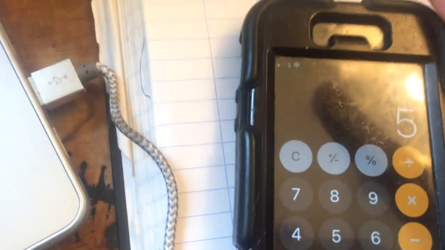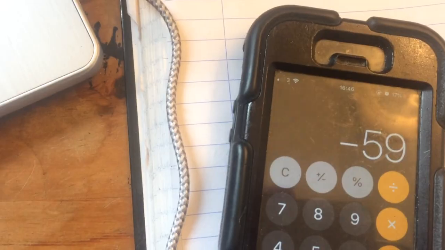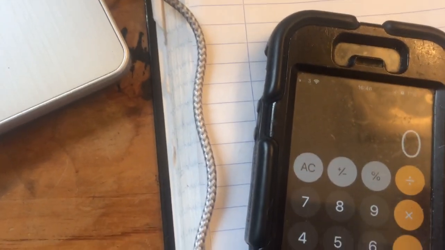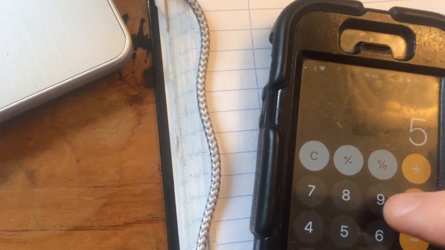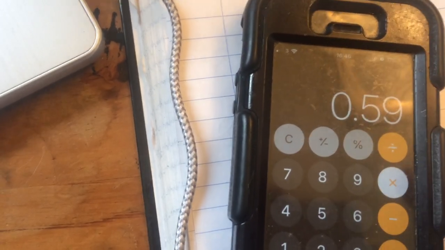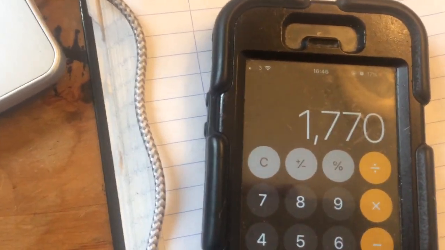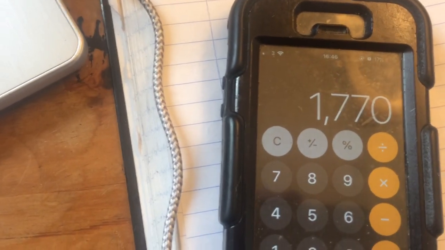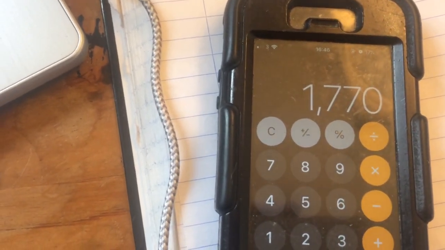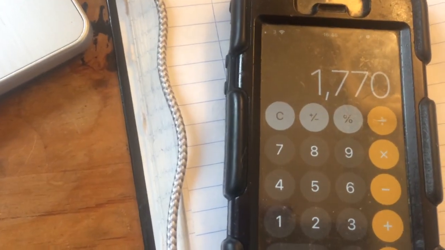So here we go. We're going to write 59%, can you see it? 59% multiplied by 3,000 equals, so the seal ate 1,770 grams. All right, let's see what the dolphin ate.